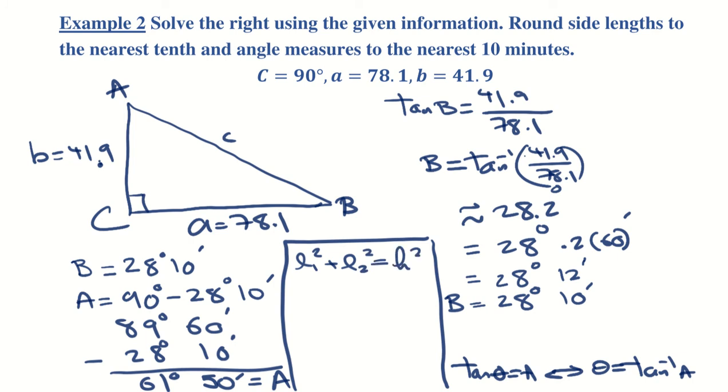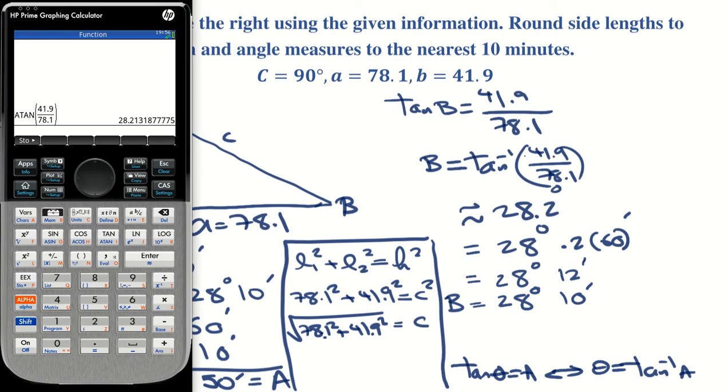So 78.1 squared plus 41.9 squared equals c squared. C is the hypotenuse, so c, applying the square root property, is going to be the square root of 78.1 squared plus 41.9 squared. Now we just need to go ahead and compute that.